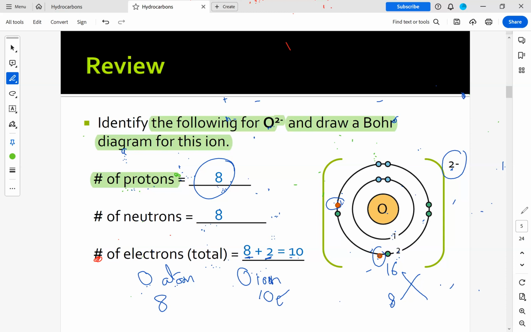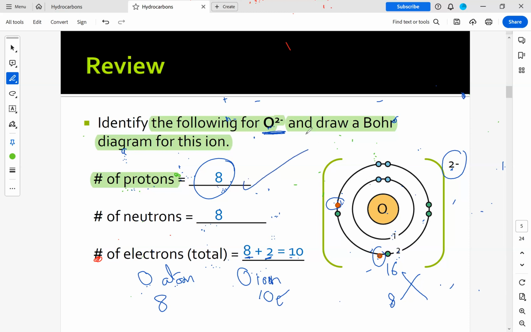What do we have that is the same? It's the oxygen ion. What can we not touch, what is still the same as for the atom? The first shell? The first shell, it's okay.